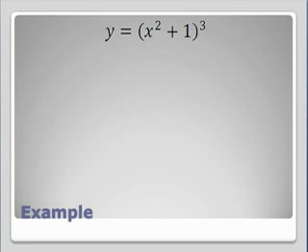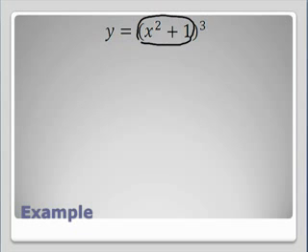Okay, let's try it with this one then. This one, we're not going to substitute in the u for the inside function. We're just going to see that the outside function is like a quantity raised to the 3rd power. So this quantity is staying the same.